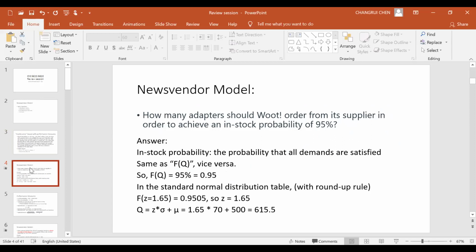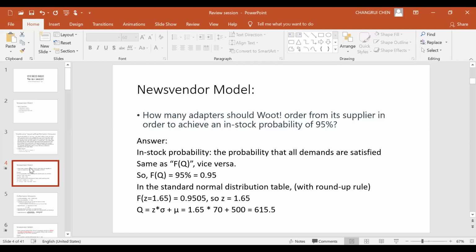The in-stock probability basically tells you what F of Q or the critical ratio is. In-stock probability is defined as the probability that your demand is satisfied, which is the same as F of Q or the critical ratio.